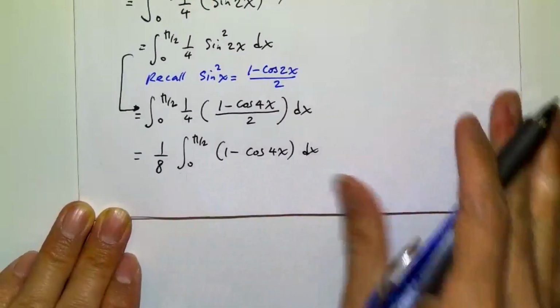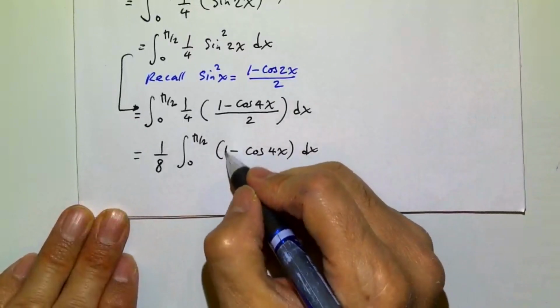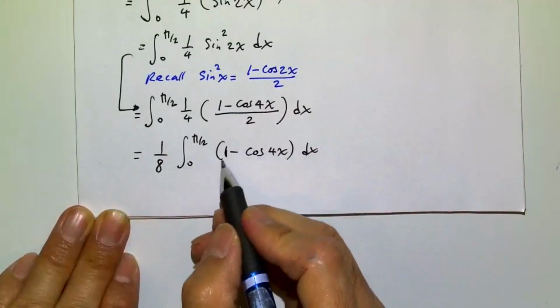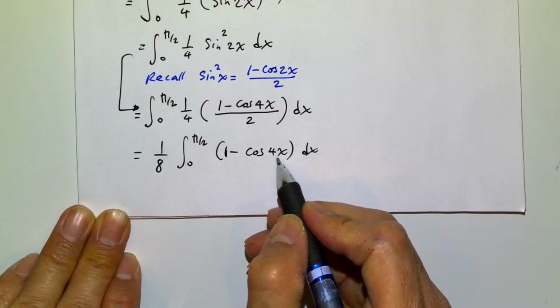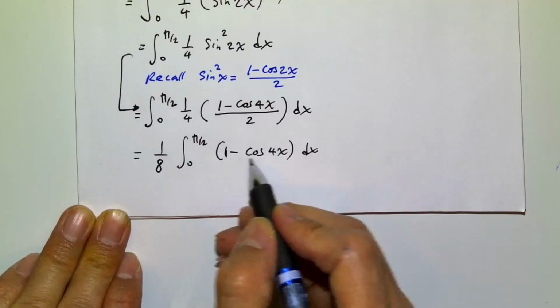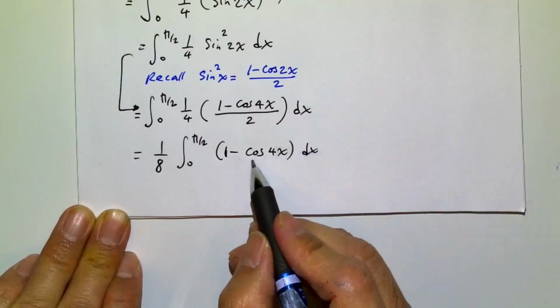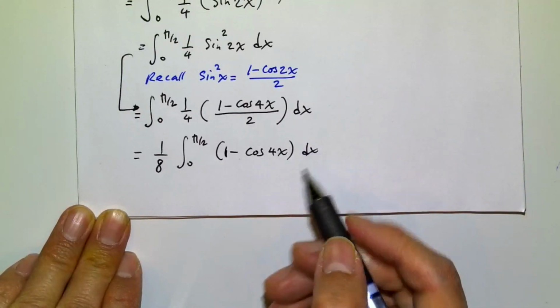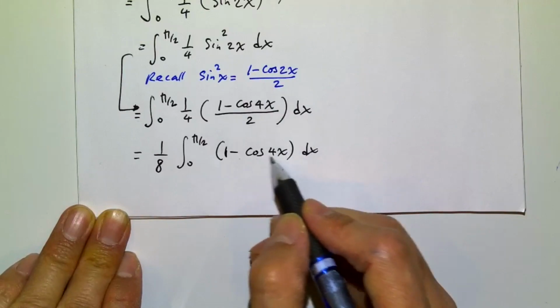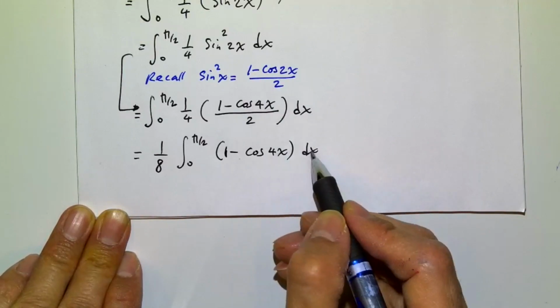And of course, this is an easy expression to integrate. 1 simply integrates to x, and minus cosine of 4x integrates to minus 1/4 sine 4x.